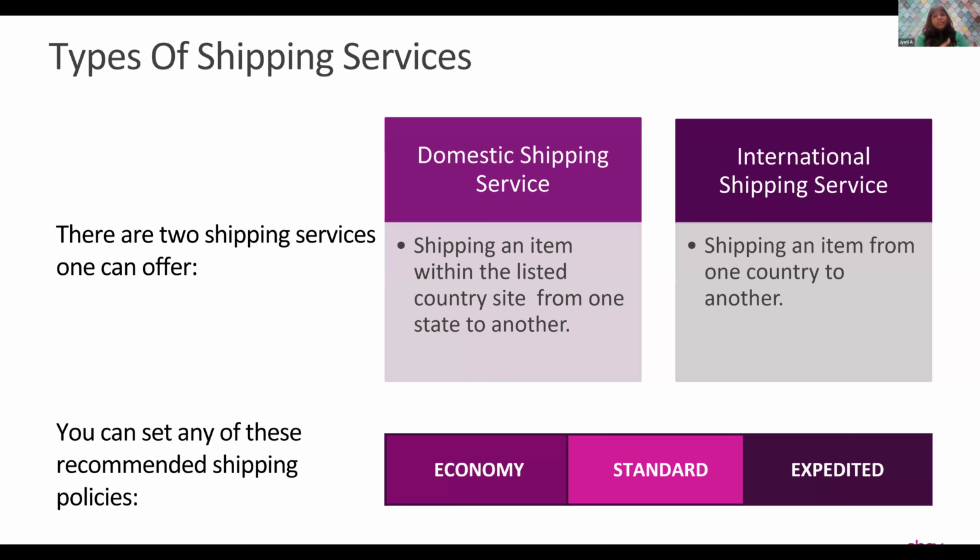Whereas if you list on eBay USA, that we say as ebay.com, and a buyer asks you to ship the item to an address which is outside US, then that would be considered as international shipping. So, basis the shipping services, that is domestic or international, you need to specify the shipping policies.